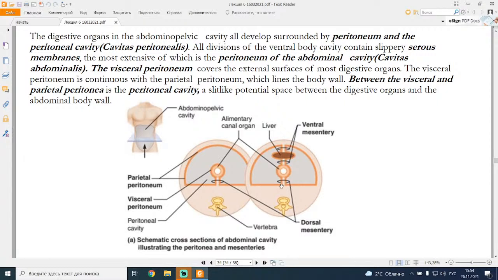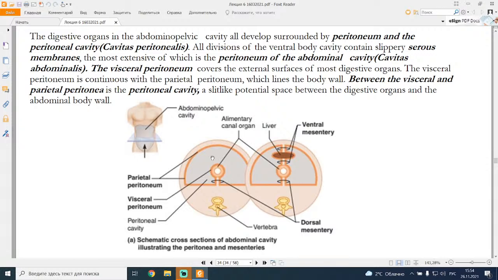This is parietal peritoneum and visceral peritoneum. The visceral peritoneum covers the external surface of most digestive organs. The visceral peritoneum is continuous with the parietal peritoneum, which lines the body wall.